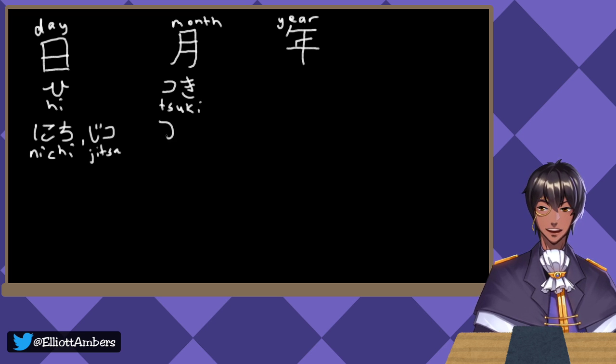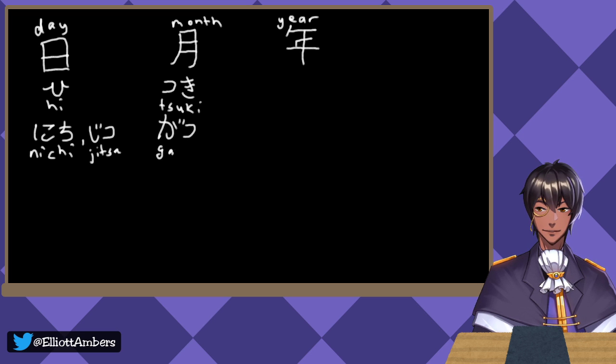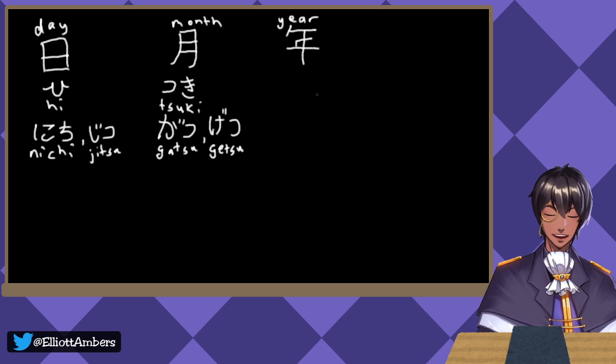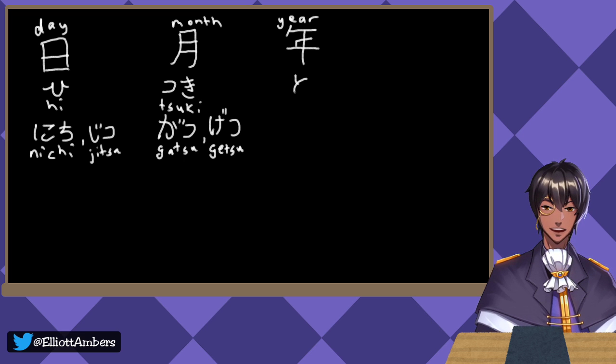And here we have gatsu. Or getsu. I just realized now that the last time I wrote this out, I did the katakana version of ge. Getsu. And year is written out as toshi.